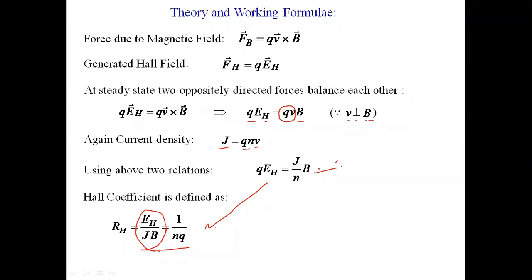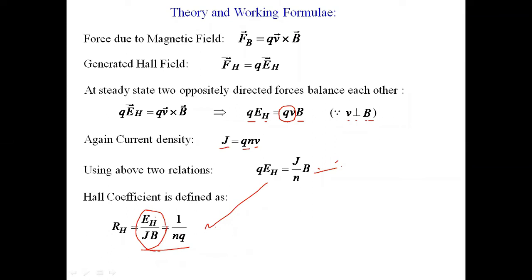Now, understand one thing. To observe Hall effect, you require two basic quantities. You require current or current density, and you must require a magnetic field. If either current or magnetic field is absent, then you cannot observe Hall effect.